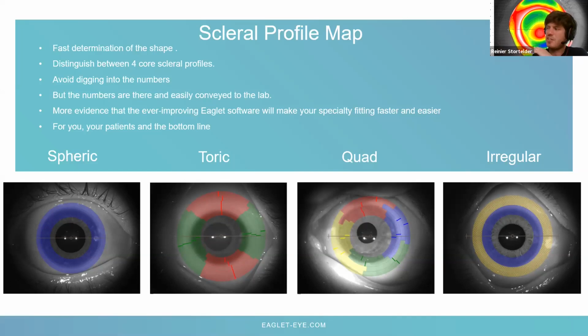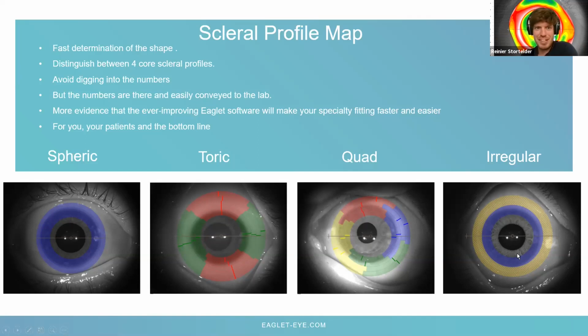It is analyzing it ring by ring, so you have information of the inner zone, the limbal zone, and also beyond. In the last image, the fourth image, you see that the limbal zone is actually spheric in shape, but if you go to the sclera, there is this pinguecula, this white dot, and therefore the algorithm comes up with this being irregular in shape.